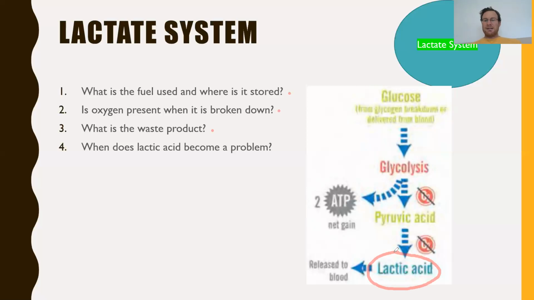And lactic acid is a problem when it's released or when it accumulates. So we use this system quite a lot actually. We create lactic acid, it's allowed into our blood, and if we've got enough oxygen, we just clear it, we process it, it gets actually used in the aerobic system, we don't register it.